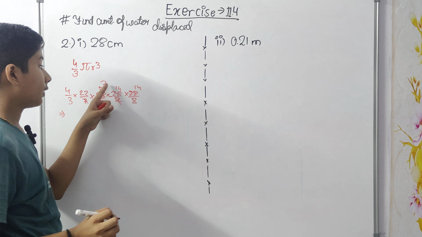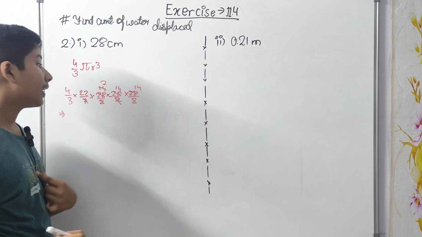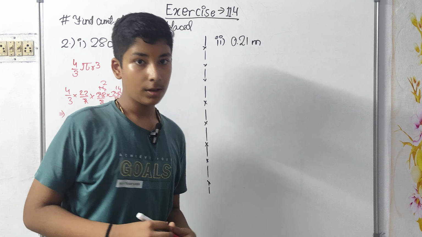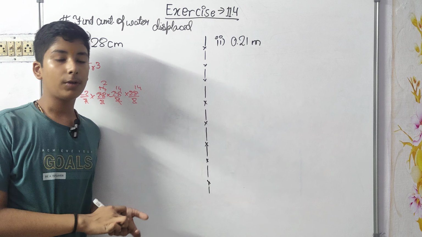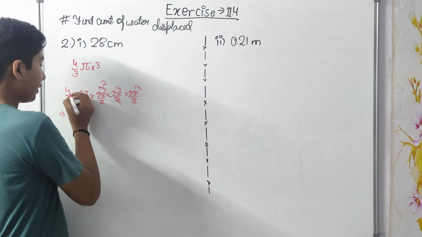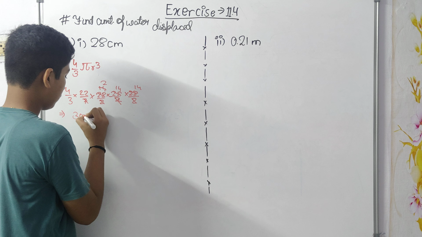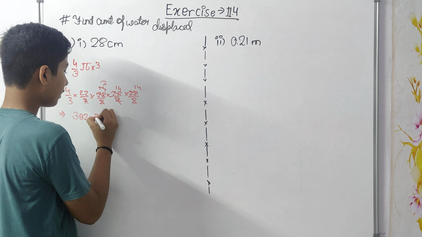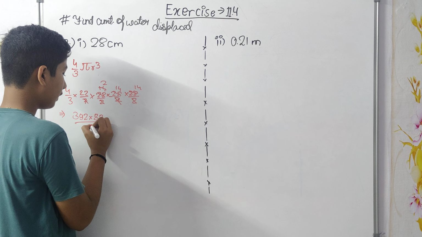So 14 14s are 196, 196 into 2 is 392. 392 into 88 divided by 3.